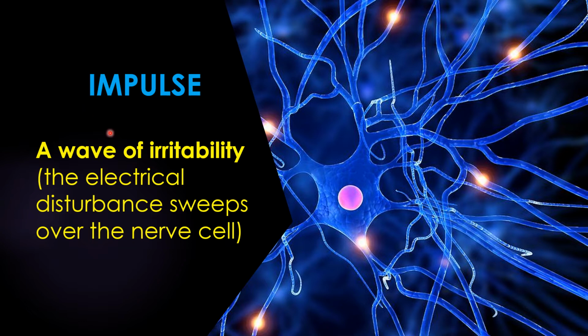When the sensory receptors receive the stimulus, these receptors will transfer the stimulus into the nerve cell or neuron. When it enters the nerve cell or neuron, it will be in the form of impulse, in the form of a wave of irritability, or we can say electrical disturbance. That we call an impulse.